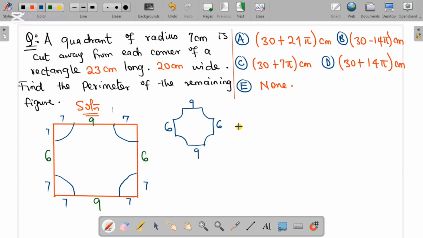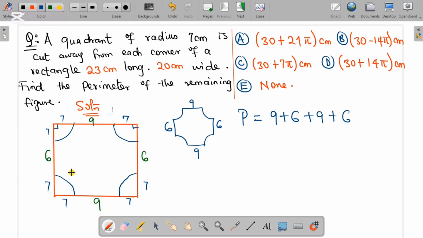Okay, so now, remember, perimeter is the length round a shape. So our perimeter is going to be this, but that's not all. Then plus the length of this small arc, of course. So you need to calculate the length of this small arc. According to the question, the radii of the arcs are all the same, so the lengths of the arcs will be all equal, and their angles too are the same.